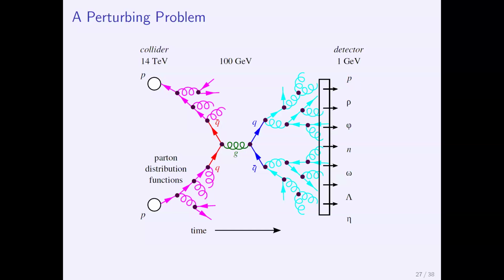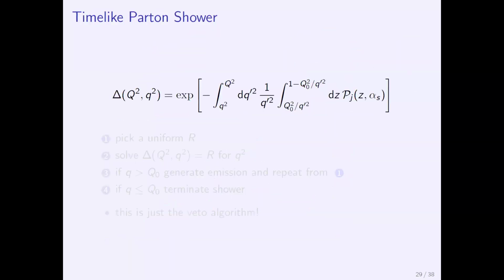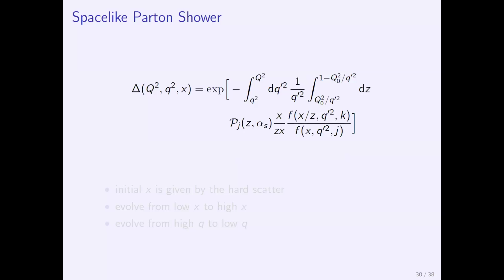We also need to do something here, and this is our space-like shower, where we're going from our hard process back to these protons here. Effectively, we need to do this process backwards. It gets a little bit more complicated, but the nice thing about it is that these splitting kernels still enter into this equation here, which we call the Sudakov factor.